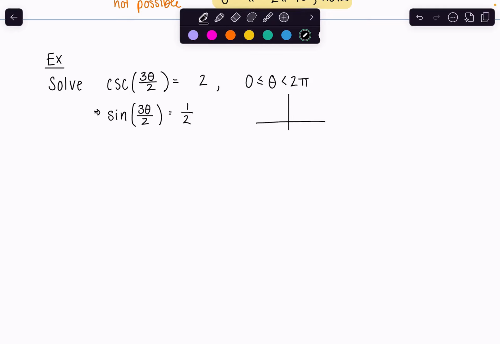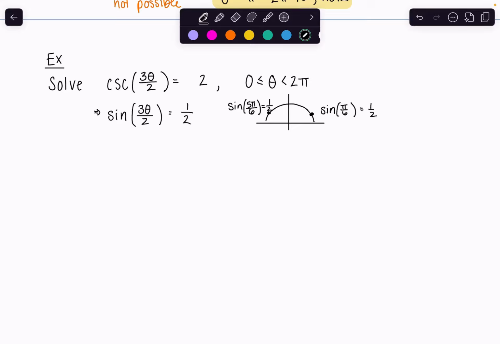So there are 2 points on the unit circle. With an output of a half, we know that sine of pi over 6 will be a half. And then also back here, sine of 5 pi over 6 is a half, okay?